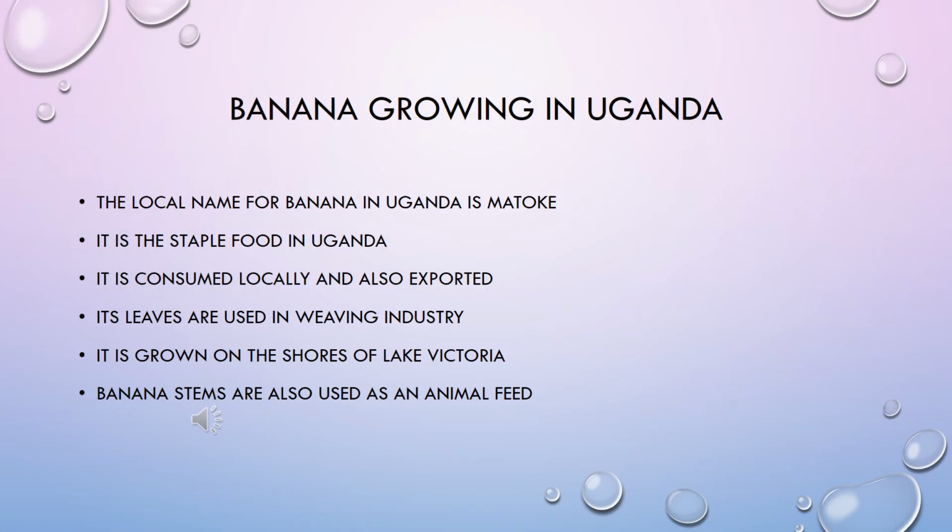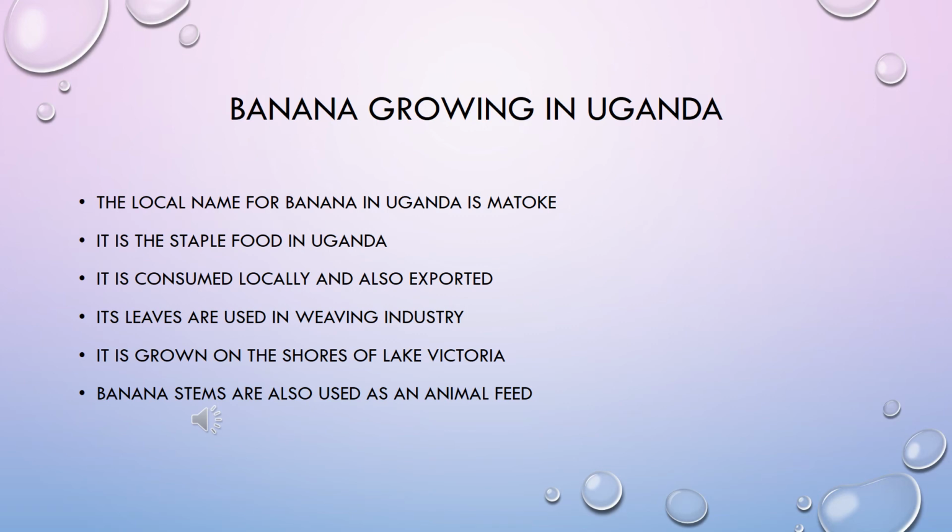Now, banana growing in Uganda is very different from the type of banana growing we have in Kenya. At the beginning of the lesson, I said that in Uganda, the majority of the people depend on bananas. Banana is the staple food for the people of Uganda, so they like eating bananas.